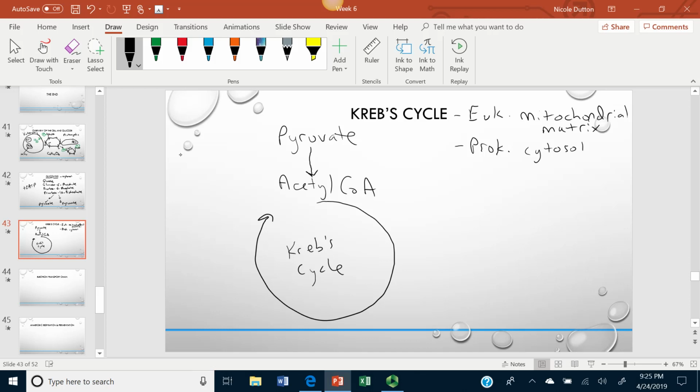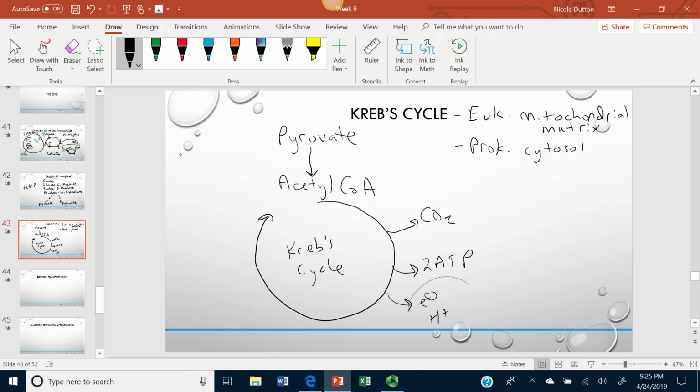You do not need to know each one of the enzyme pathways associated with this because it's interconnected to so many other things. And this isn't a metabolism class, this is a microbiology class. So the key component that you do need to know is that the Krebs cycle releases carbon dioxide as a waste, releases 2 ATP, and then gives off these electrons and hydrogen ions.